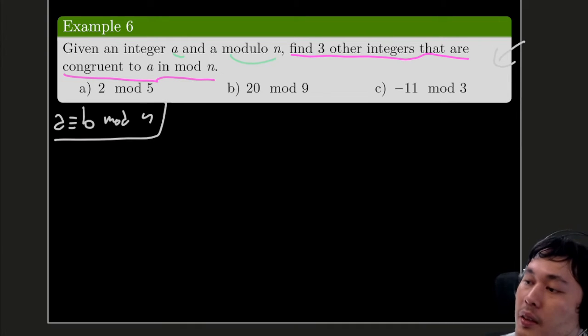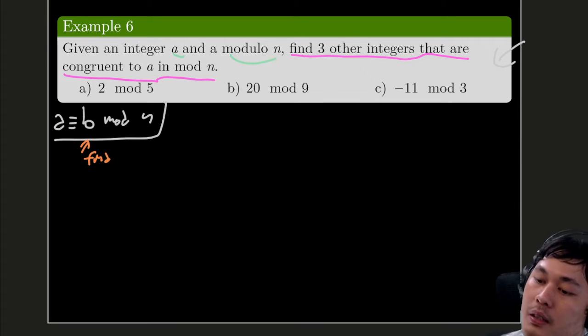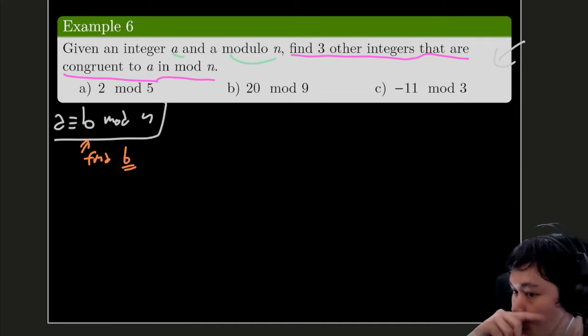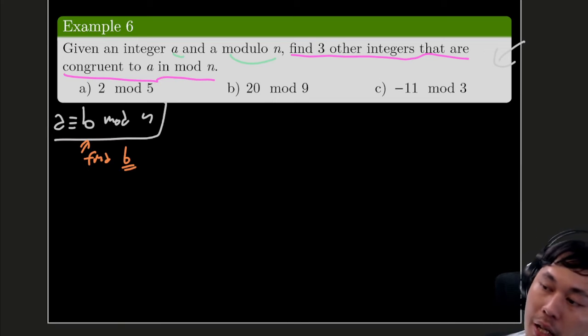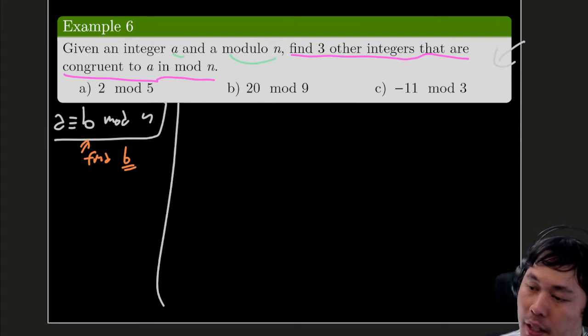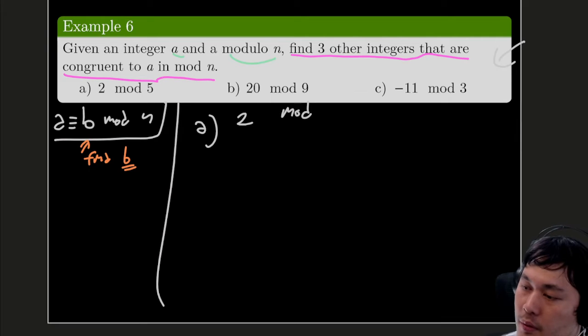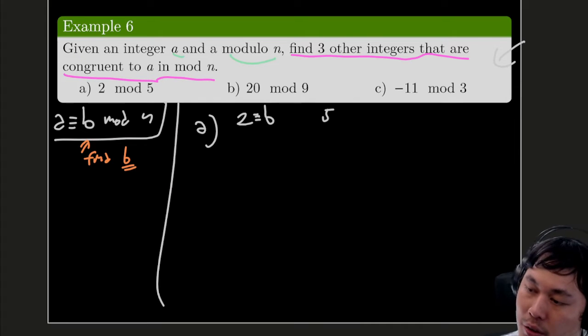Given a and n, you are asked to find b. For instance, for 2 mod 5, you want numbers that are congruent to 2 mod 5, or that 2 is congruent to that number mod 5.